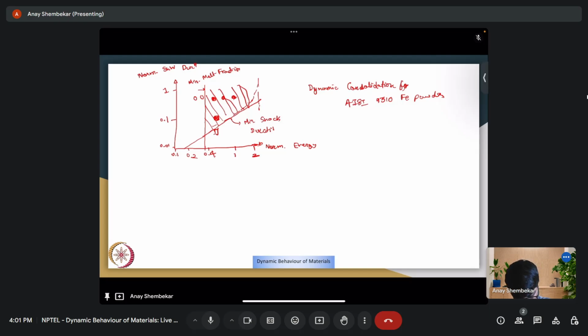This basically wraps up the shock consolidation of powder, and you could also have phase transformations occurring in powders. You can also have other applications, particularly in military, like armor penetration or defense against projectiles, so both sides of it, attack and defense.